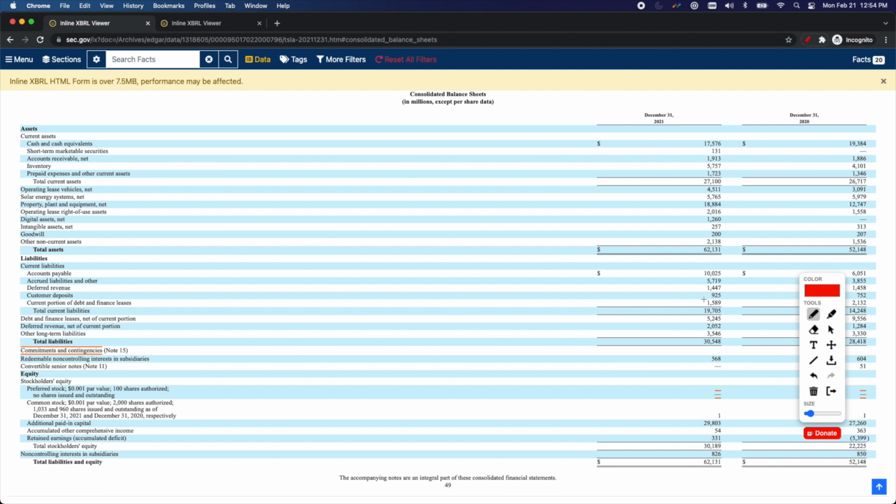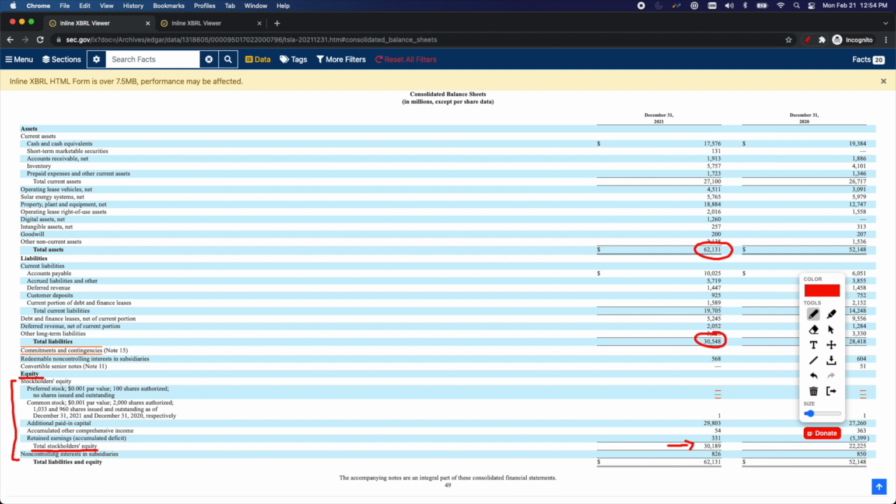All right, so we have the totals here, total assets and total liabilities. Now we are in a good position to compute the equity. For Tesla, the equity is here, and you have the breakdown over here. The total stockholders' equity is $30.189 billion.